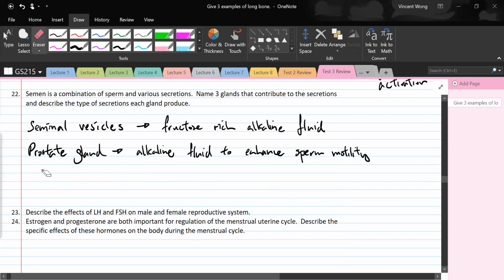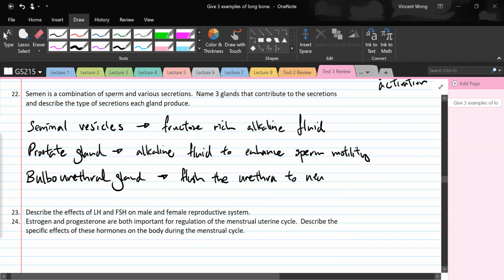And then there's one last one here, which is the bulbourethral gland. It flushes the urethra to neutralize acidic urine.